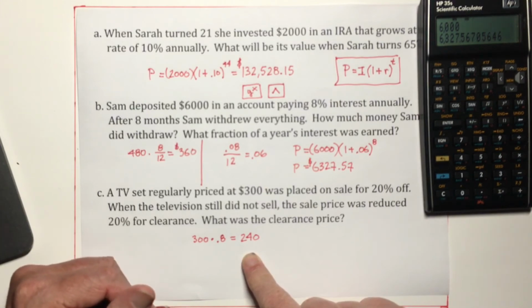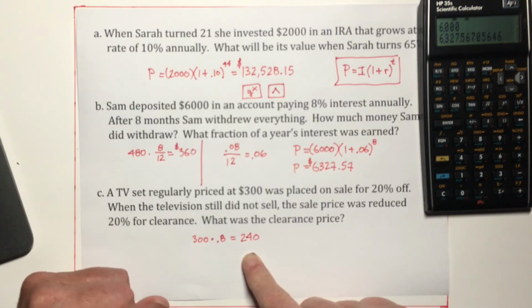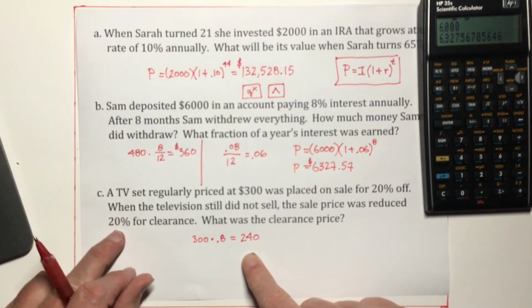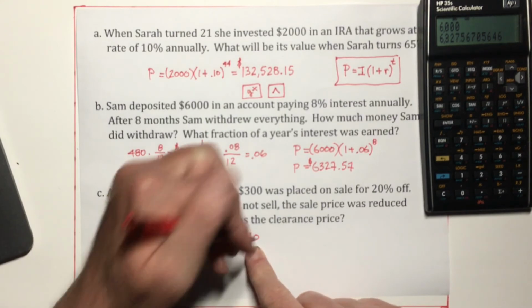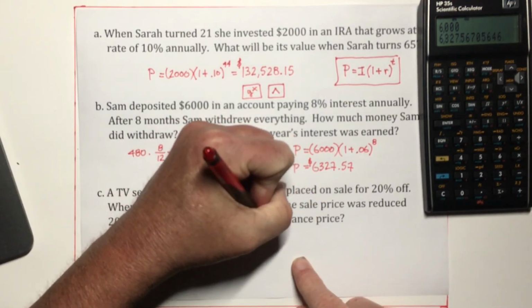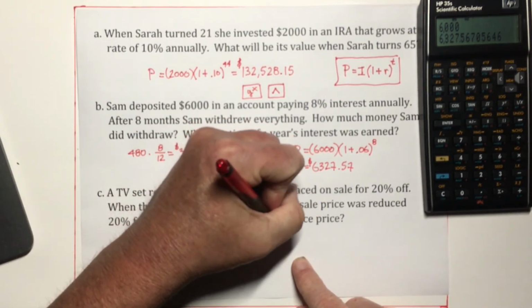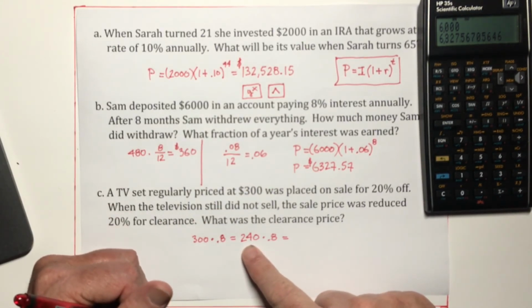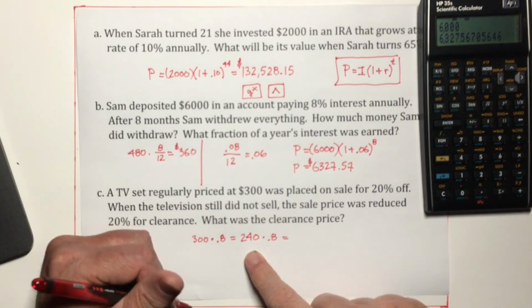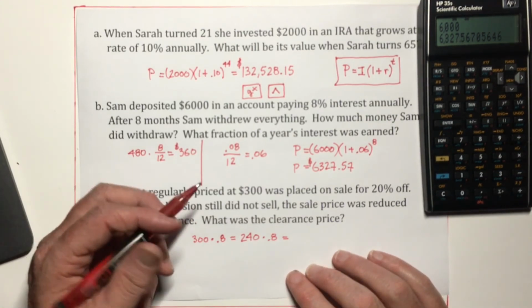And it's not selling, it's not selling. So then, you know what? Let's reduce it another 20%. So another 20% off would be 80% of this value. So 0.8 times that. Well, we got 80% of 240. So what's 80% of 240?